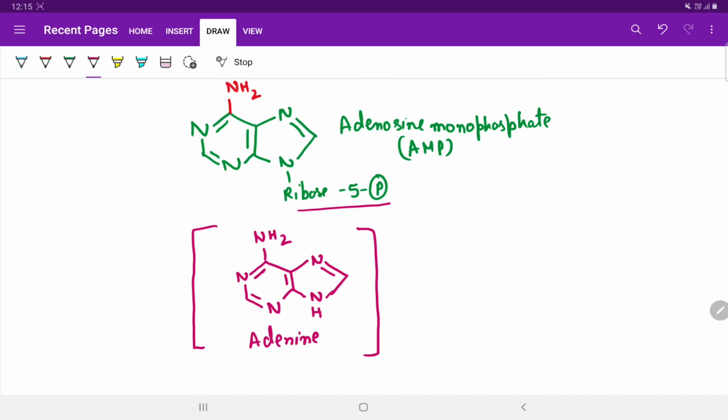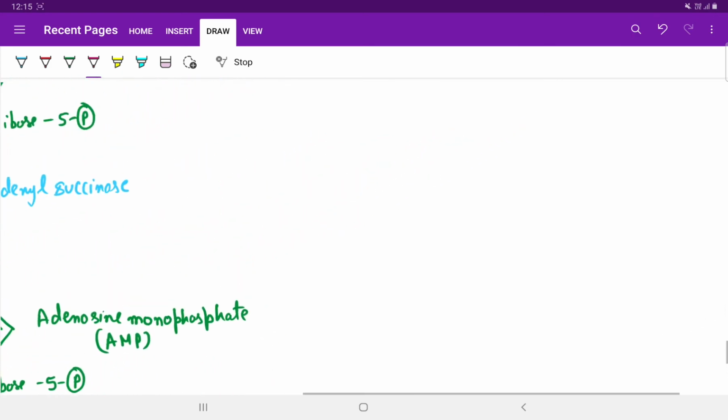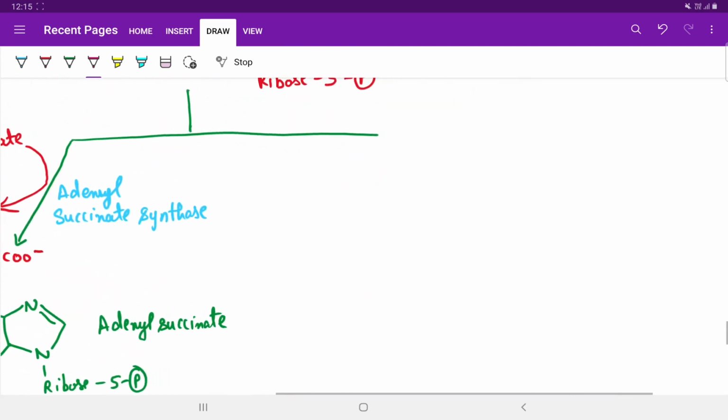So similarly, another molecule, guanine, will be formed on the other side of the reaction. From here we can continue it, and this occurs in presence of IMP dehydrogenase enzyme.